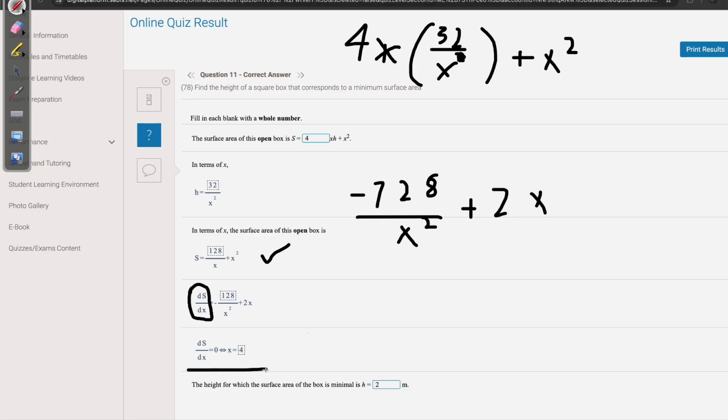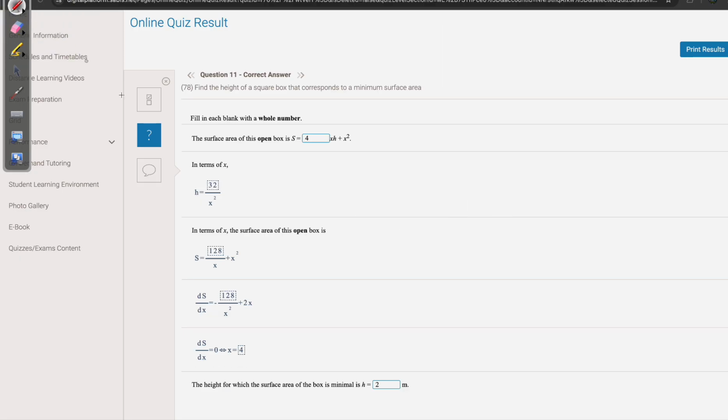So negative 128 over x squared plus 2x is equal to 0. That will give us x is 4. Okay, so now that we know x is 4, they want the height when x is 4. So you just substitute x in here, which will give us height is 2 meters.